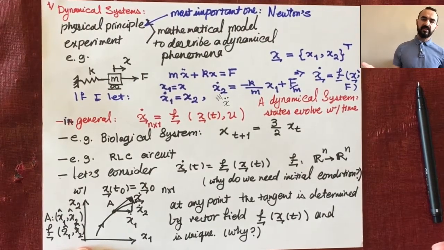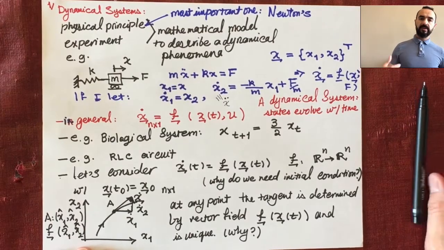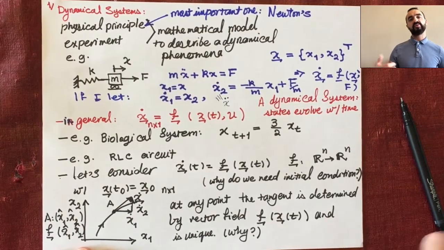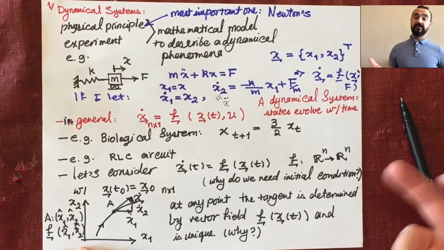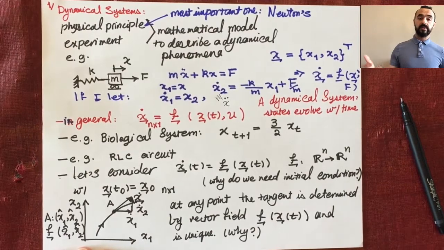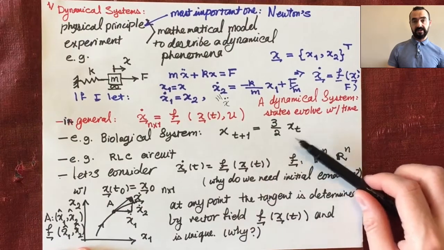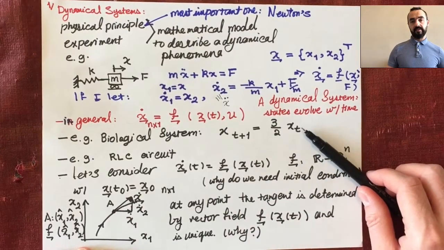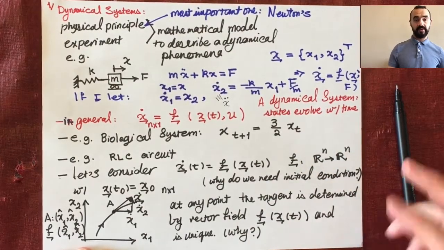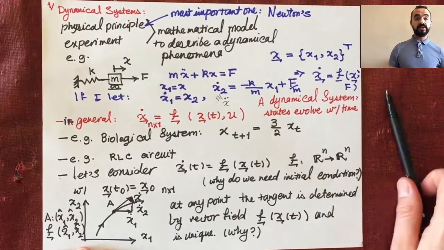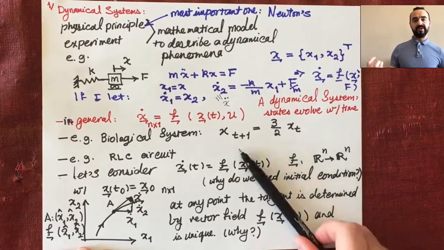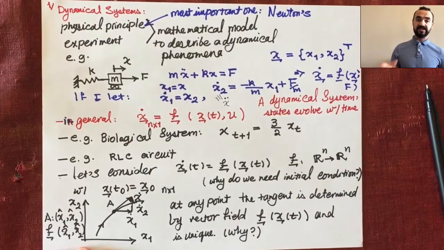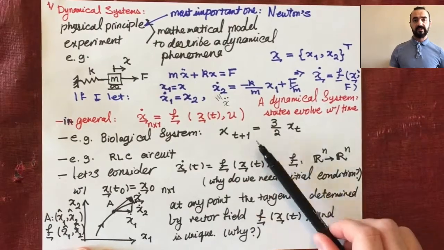For example, if I say that the population of this species would increase such that after each year, the new population is going to be 150% more than the current population, or 3 over 2 times the current population, then you would use a difference equation just like this to describe how the state of the system, in this case the population, changes with time.